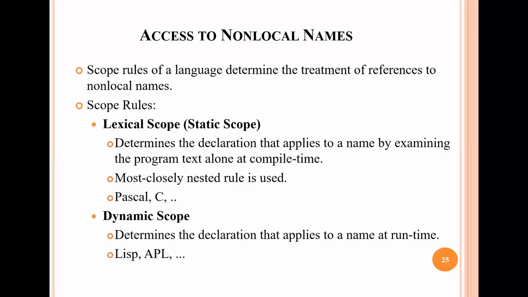We have lexical scope, that means we can treat them either statically or dynamically. If it is static, then it determines the declaration that applies to a name by examining the program text alone at compile time, whereas in dynamic scope, it will be at runtime.